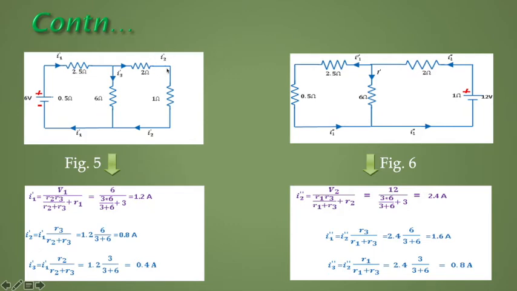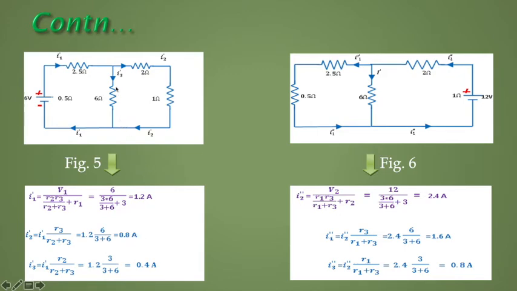So calculate I2 dash using the current divider rule. Here the total current is I1 dash. This resistance is considered R3 and this is R2. So I2 dash equals I1 dash into R3 divided by R2 plus R3, equal to 1.2 into 6 divided by 6 plus 3, then we get 0.8 ampere.